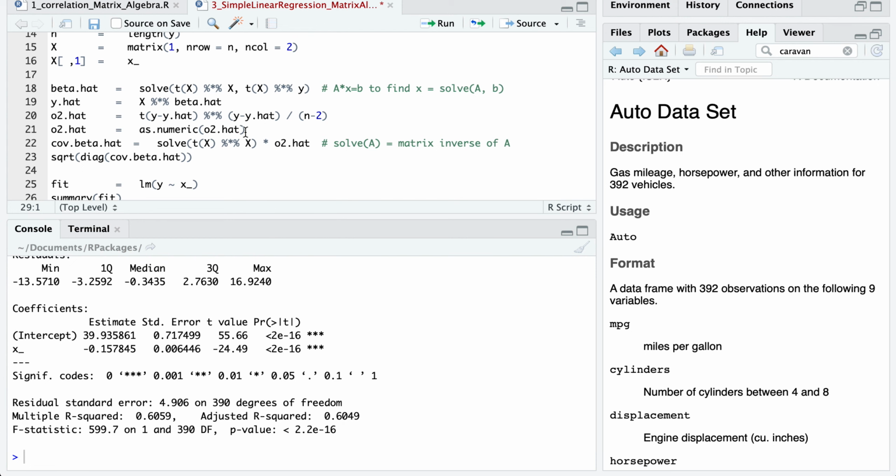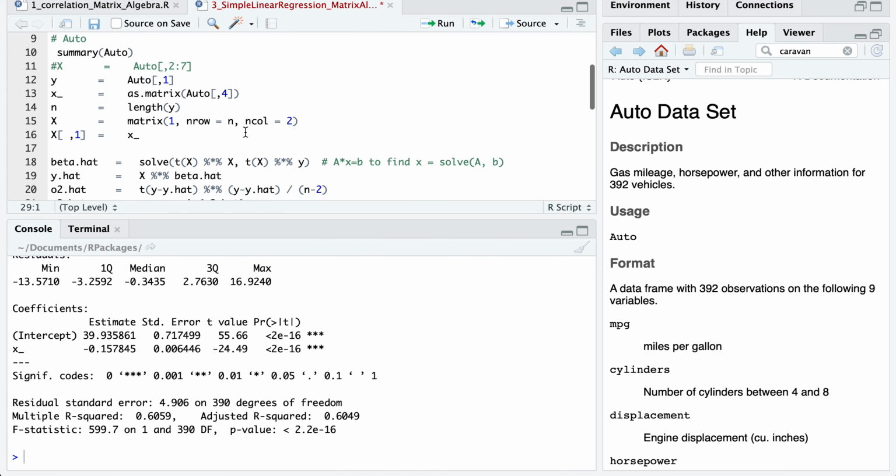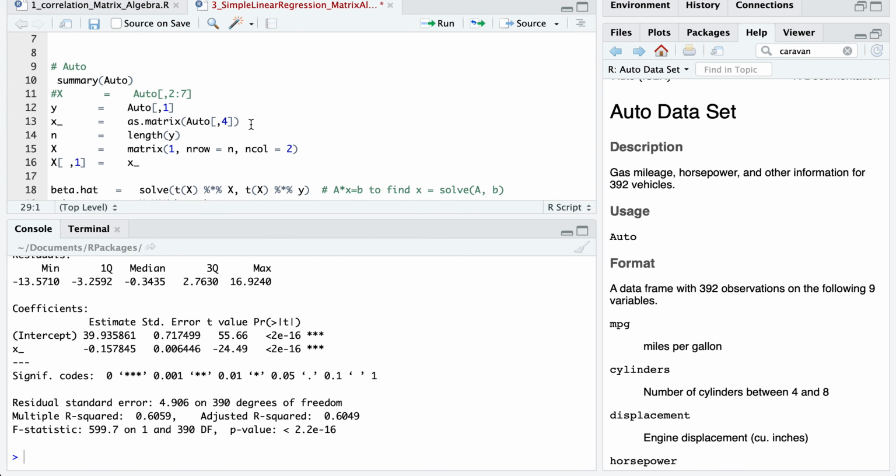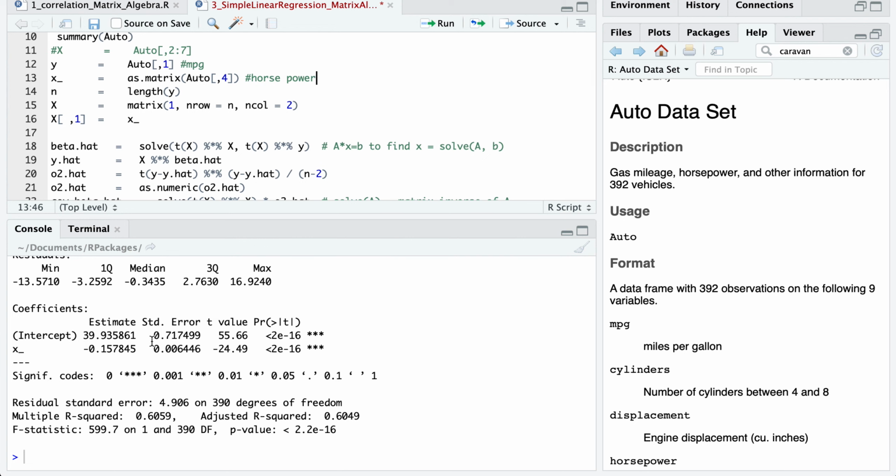This is regressing mileage per gallon, mpg, against horsepower, if I'm not mistaken. The intercept is 39.